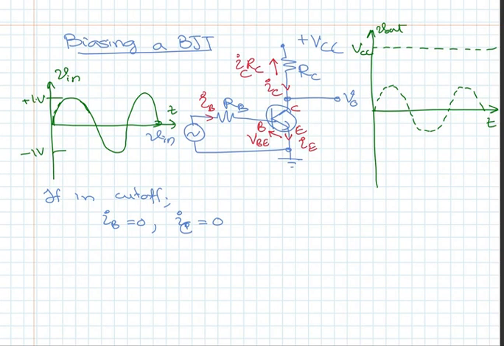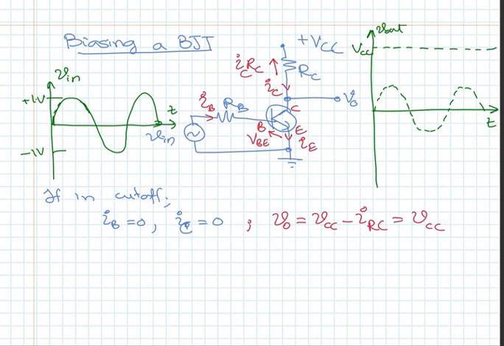So therefore my voltage Vout should be equal to VCC minus ICRC, which is equal to VCC. So whenever this transistor is in cutoff, my output is VCC.